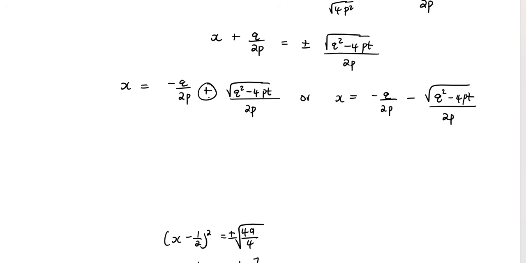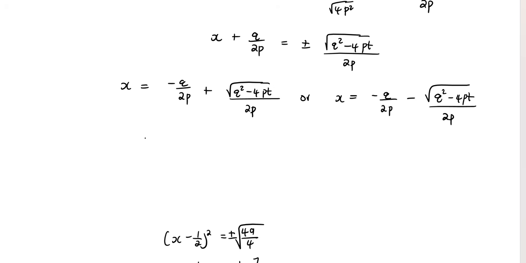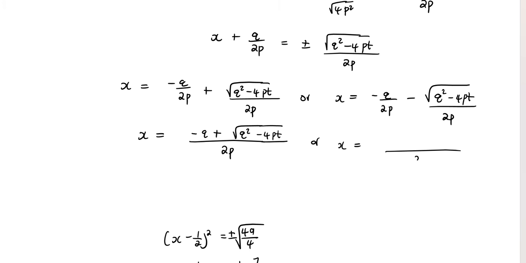That's why I'm just splitting this plus or minus into two separate terms. Now, if I join these, this term has the same denominator of 2p. Then I can keep the denominator, which is 2p, and add negative q plus the square root of q squared minus 4pt, or x equal to the same thing over 2p, then I've got negative q minus the square root of q squared minus 4pt.